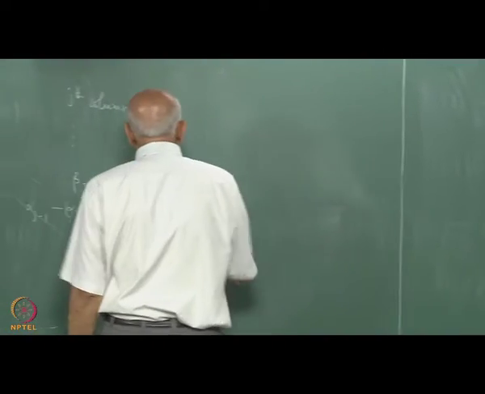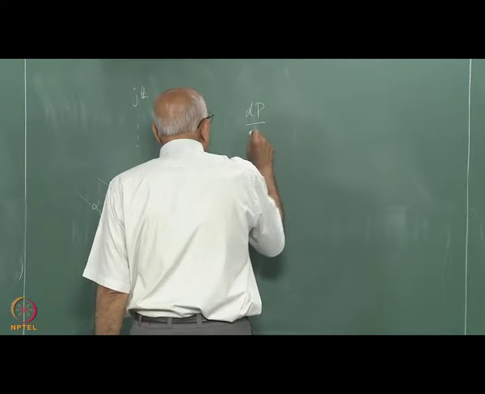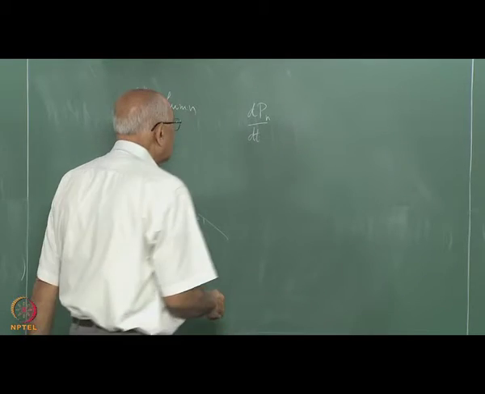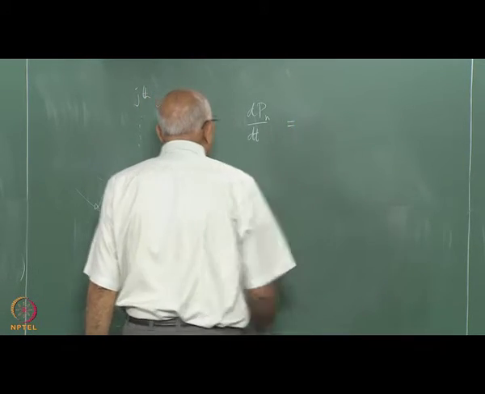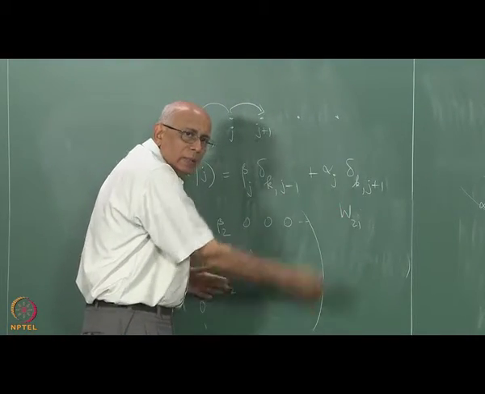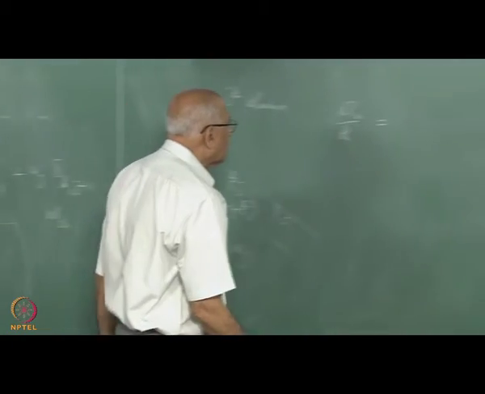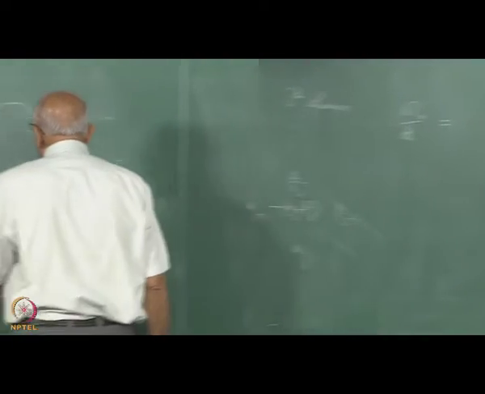Corresponding to this W, the rate equation dp n over dt as a function of t, what is that going to be equal to? Well, it is W times this p, and what is the first term that is going to appear? Again you can see what is going to happen.